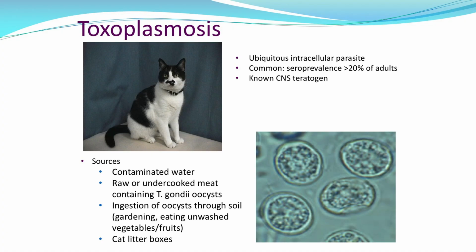So we next looked at toxoplasmosis, which is an intracellular parasite. It's actually quite common in the population, and when an adult gets it or a child gets it, it rarely causes any problems. But if a pregnant mother gets it, it's been known to cause a variety of congenital abnormalities and other severe sequelae.